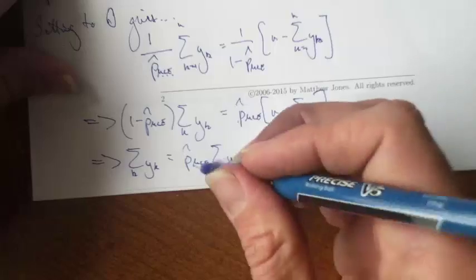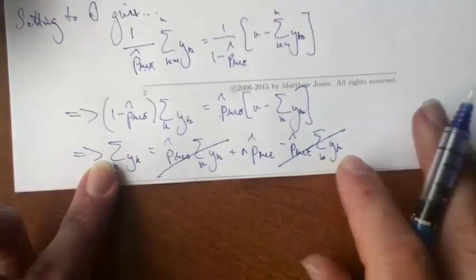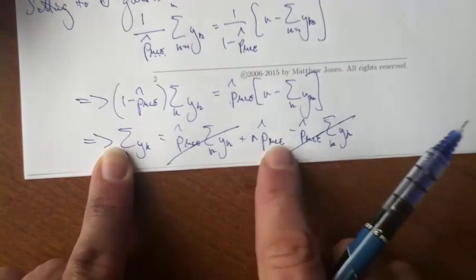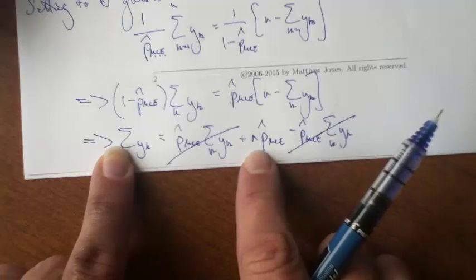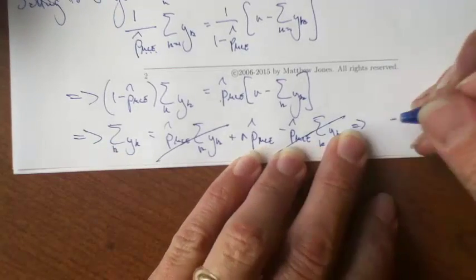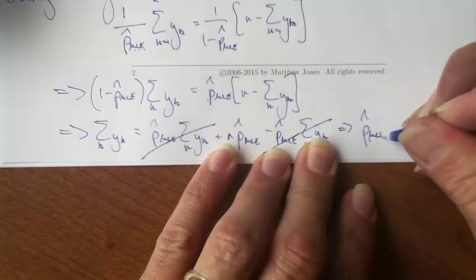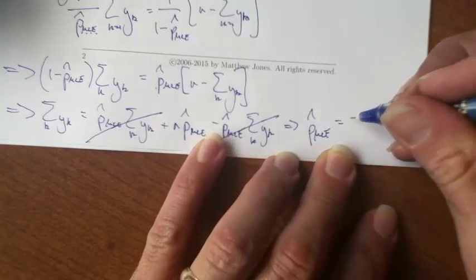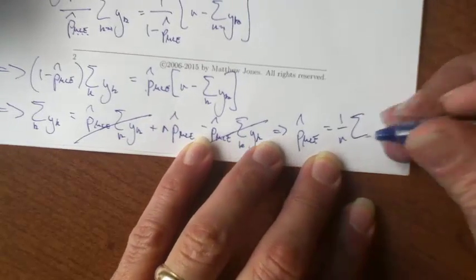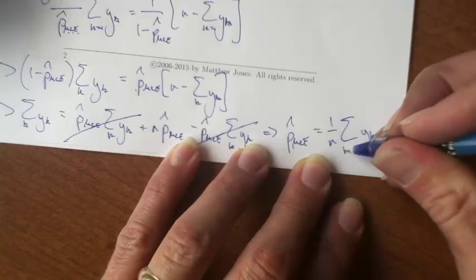These will cancel, and I get that the sum of the yk is my estimate times n, or p hat MLE, in fact, is, hey, look, it's just the average of the y's.